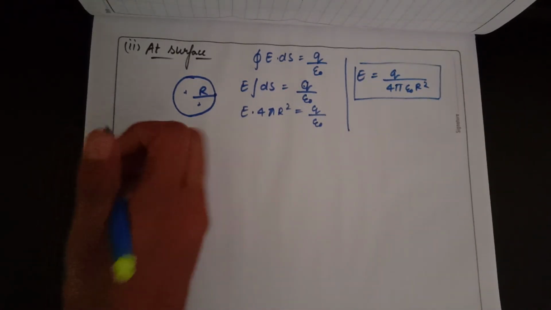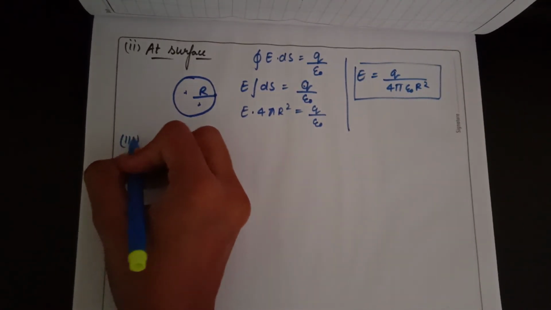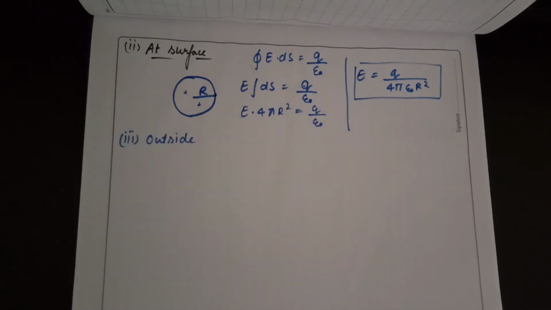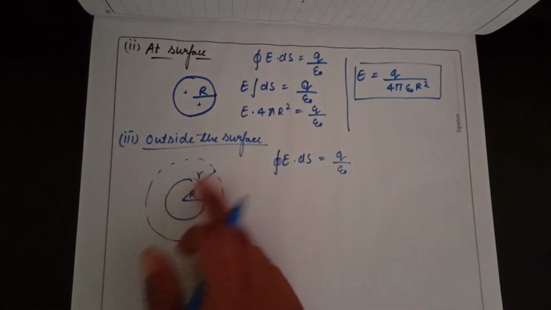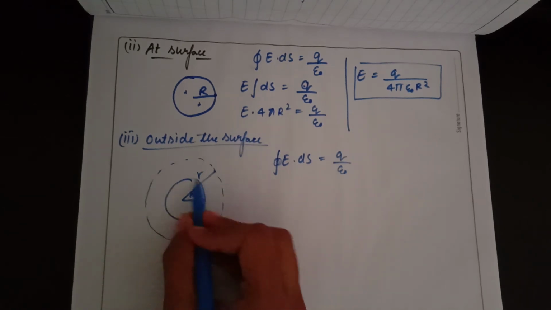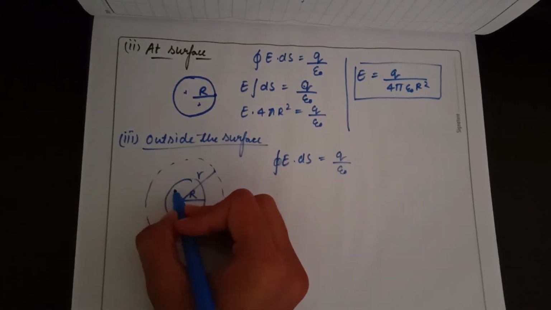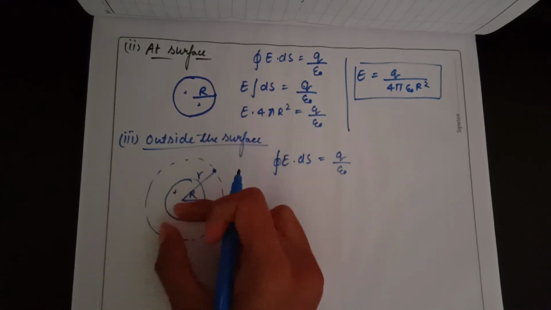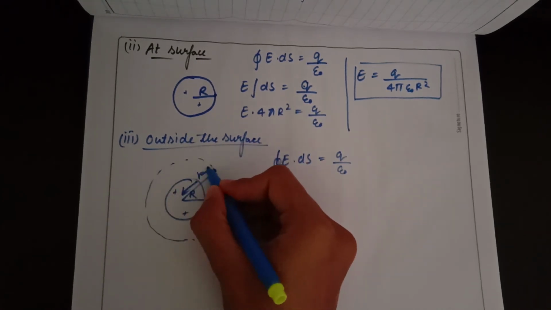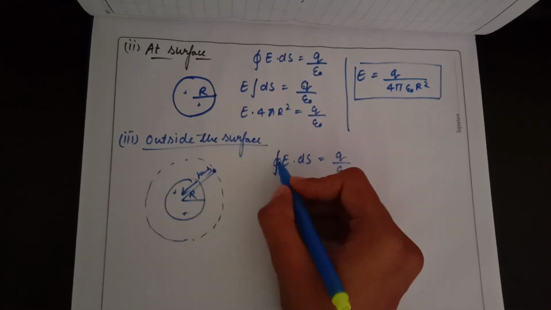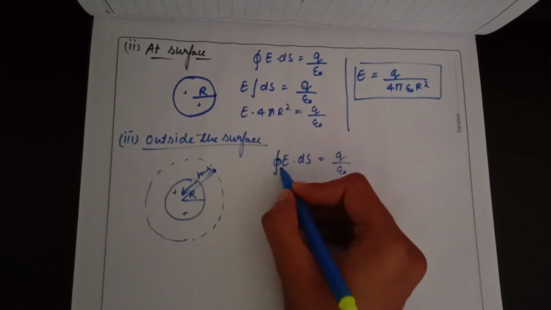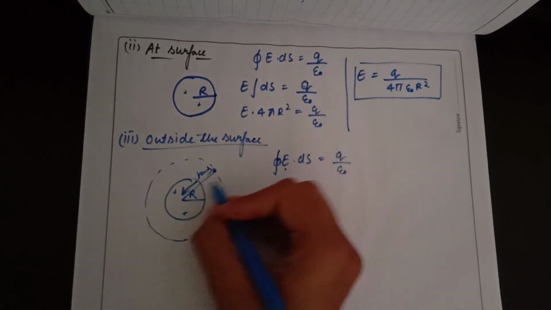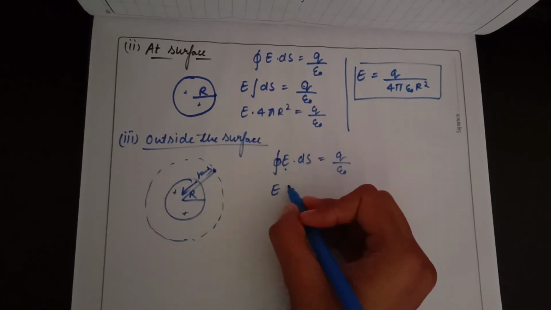Next we will see outside the surface. The third case is outside the surface. For the outside, as you know, this is our real sphere which is non-conducting, and I want to calculate the electric field at a distance small r from it. By applying Gaussian theorem, we get E dot ds is equal to q upon epsilon naught, and the angle between E and ds is 0 again.